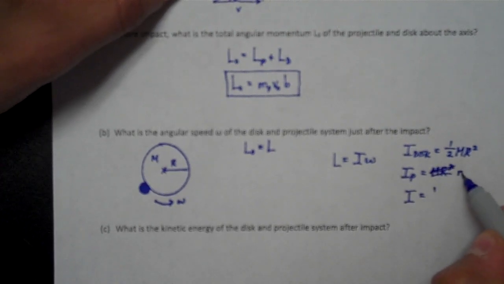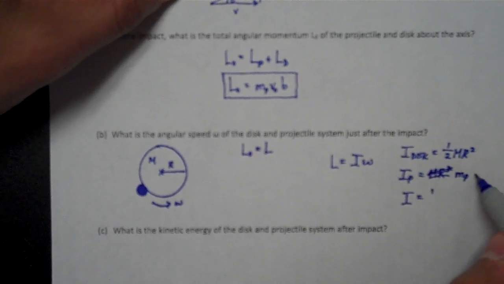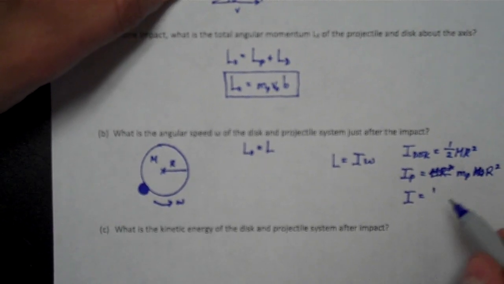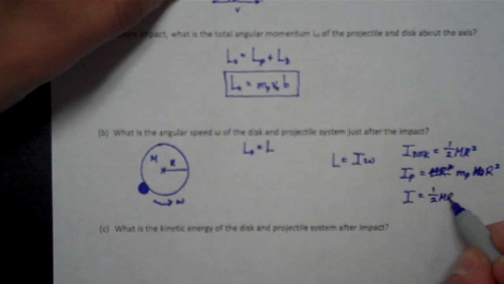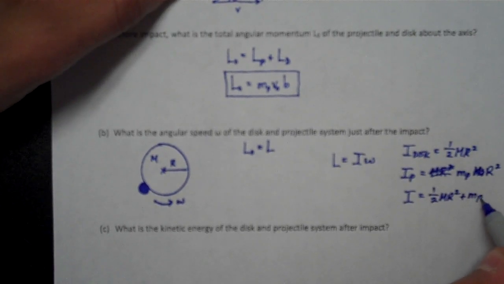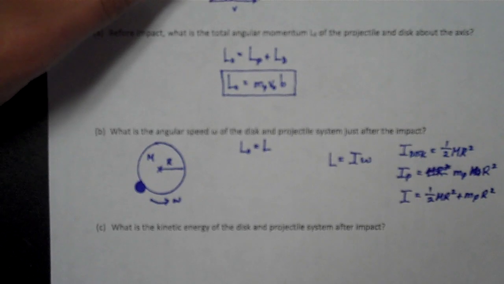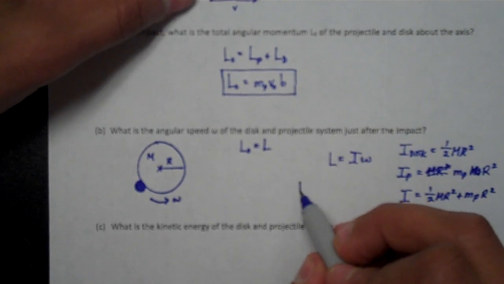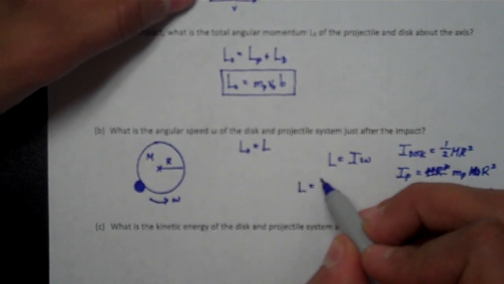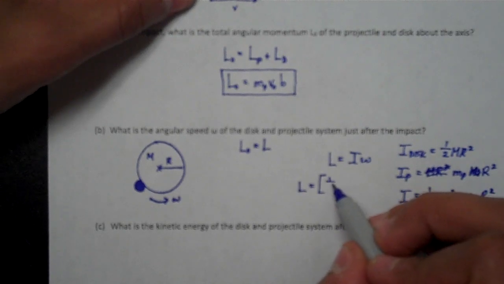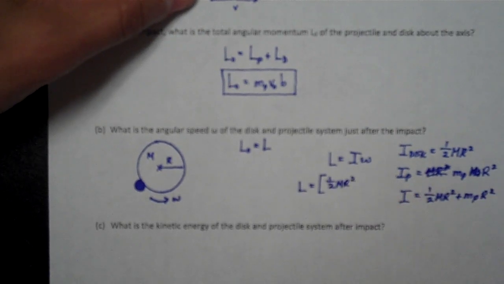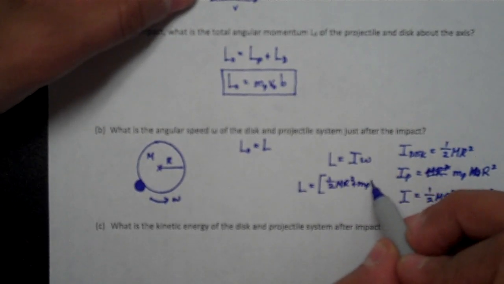Oops, I did this wrong. mp is the mass of the projectile, my apologies, times r squared. So then my total moment of inertia is that.